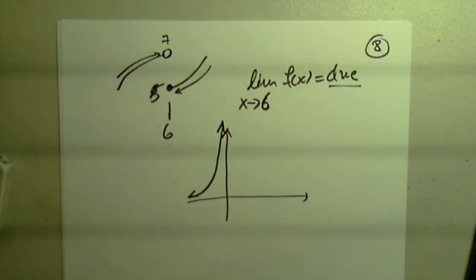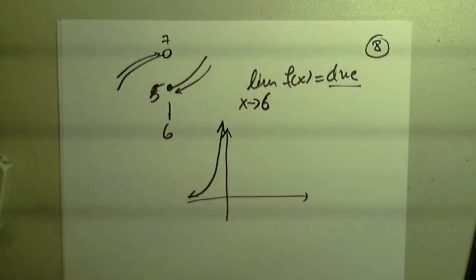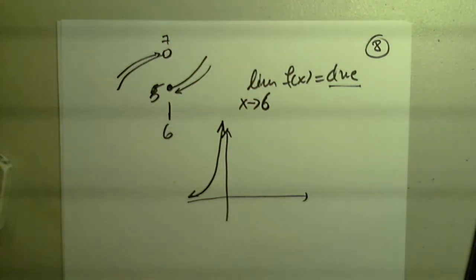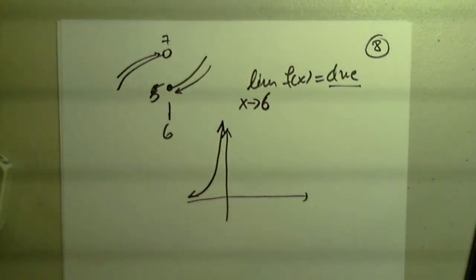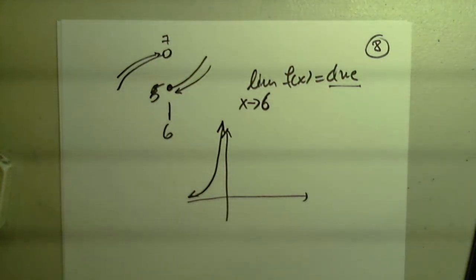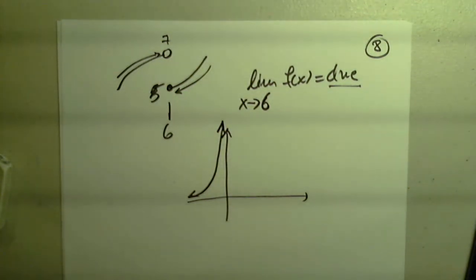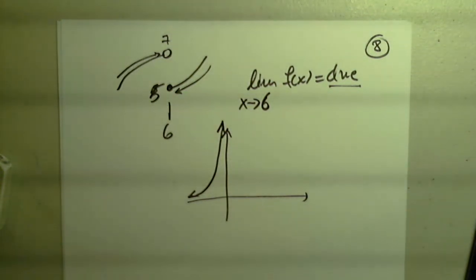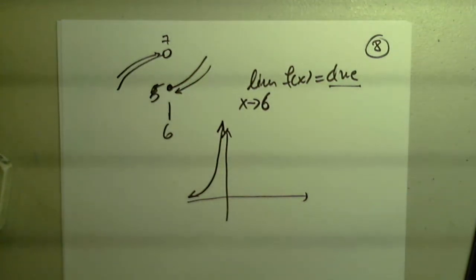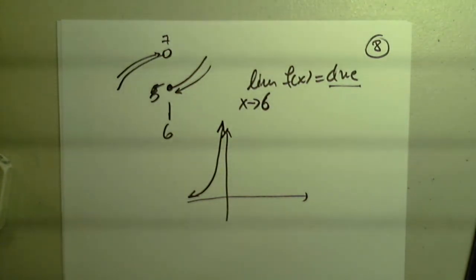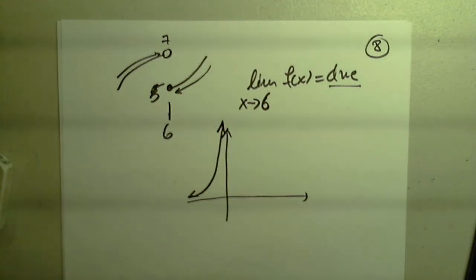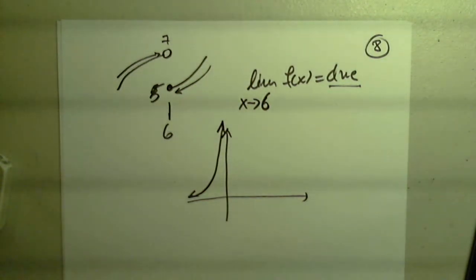Can anyone help us with the limit of p of x as x approaches 2 from the left? 1.21. Yes, indeed, 1.21. As x approaches 2 from the left, function values get closer and closer to 1.21.